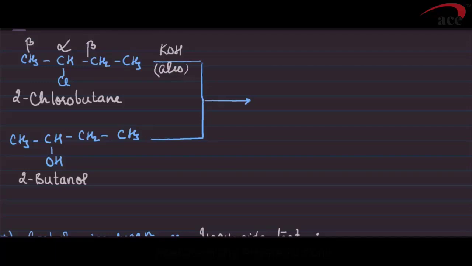If hydrogen is eliminated from this beta carbon atom, the product would be CH3, CH double bond CH, CH3, that is 2-butene.